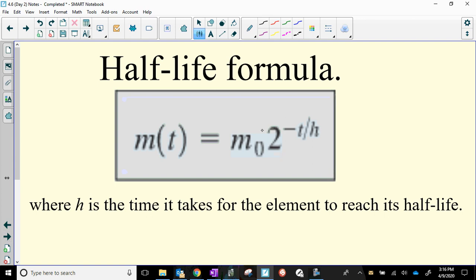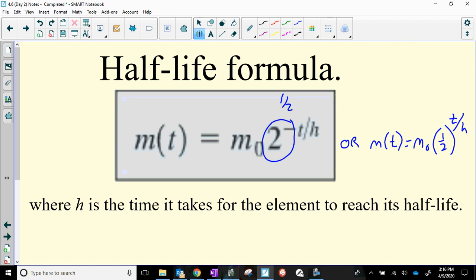That's how I did the problem initially. Or it is completely acceptable if you rather think of it, okay, it's getting cut in half, so my base is 1/2, you can do that, where you do t over h. So that really is a half. Your choice. If you're going to use 2 for the half, that's fine.